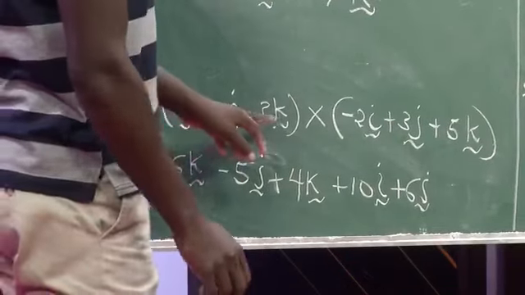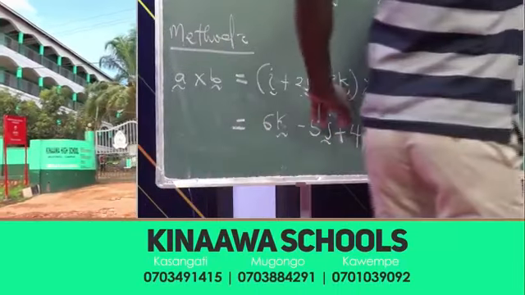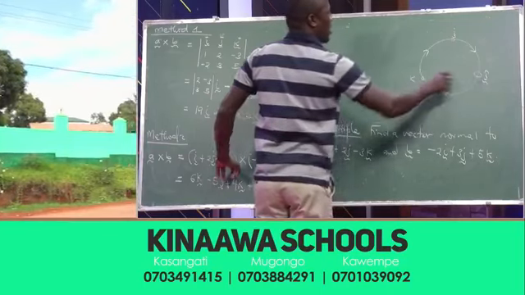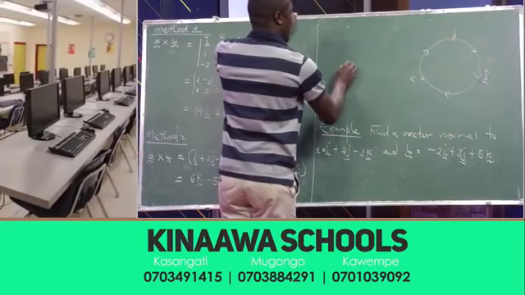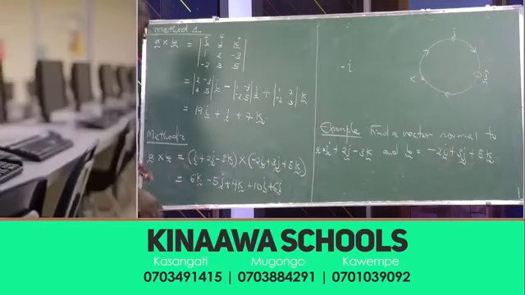And then now we also have K cross J. K cross J, that is negative I, because we are opposing.